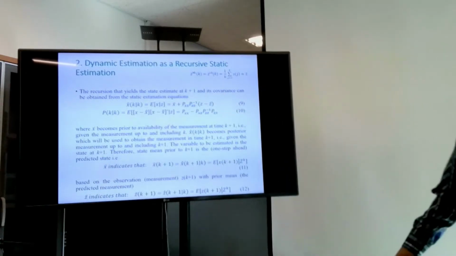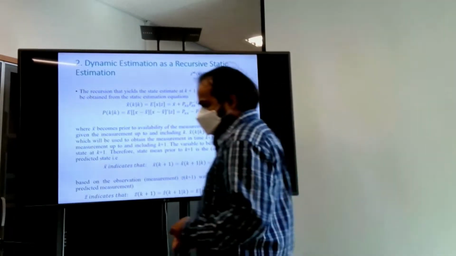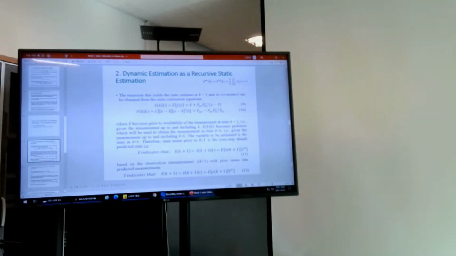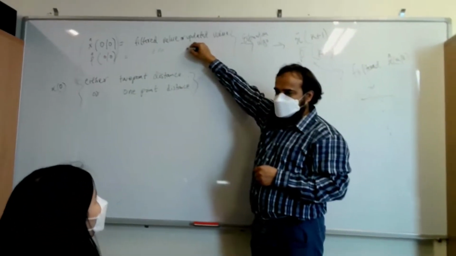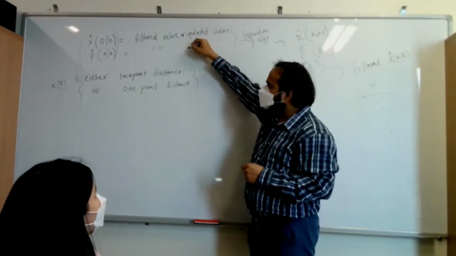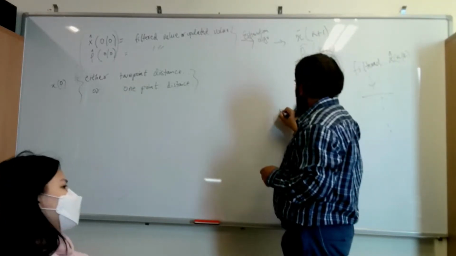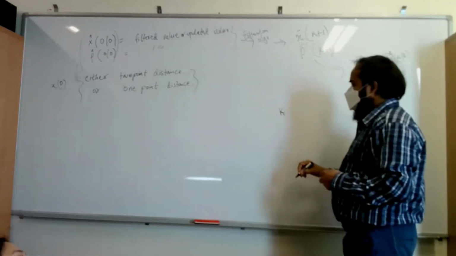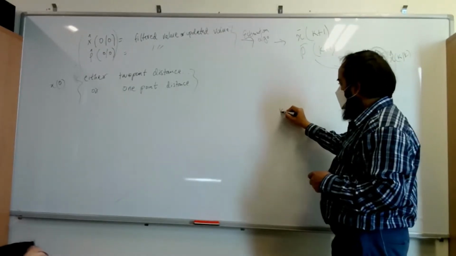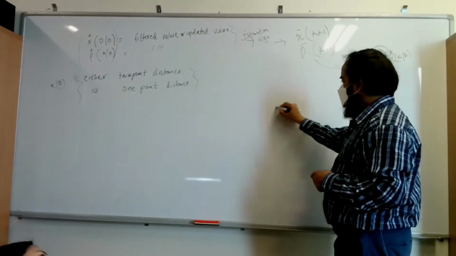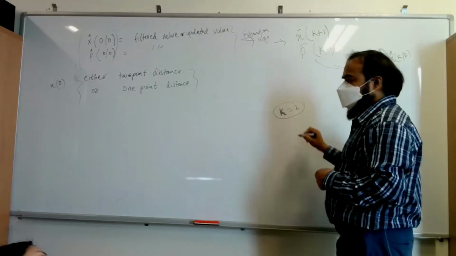For example, we have already assumed this is available. This is known at time scan 0. Then at time scan k, suppose k equals 2. Suppose we are here, k equals 2.